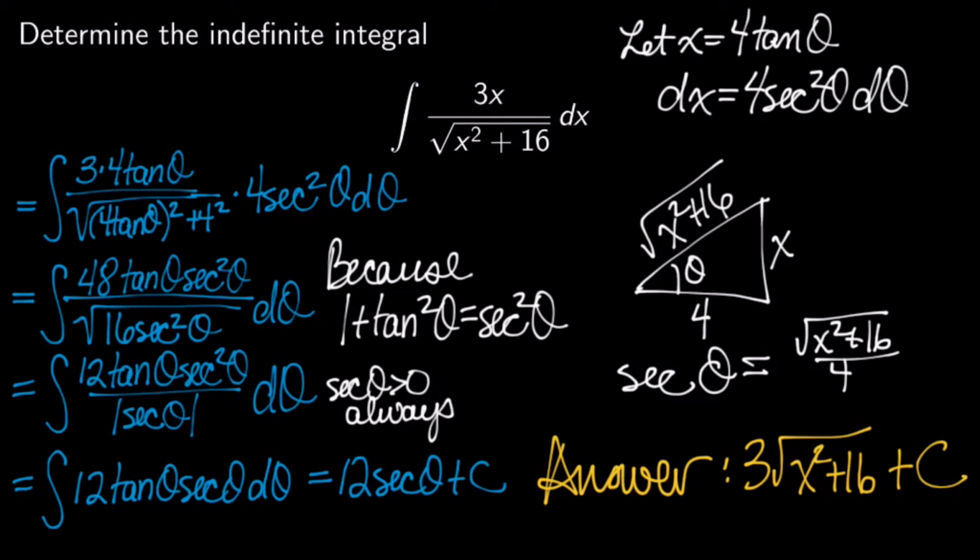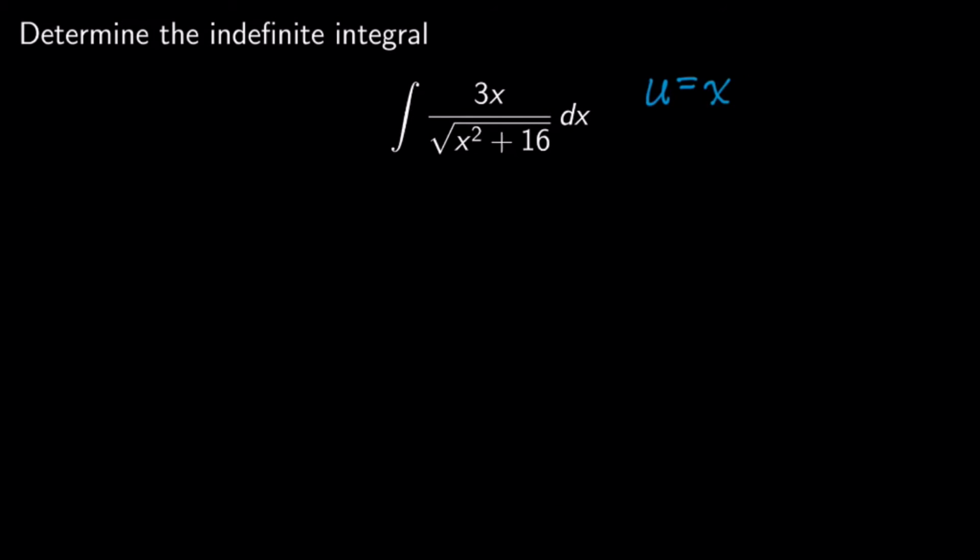That is a valid solution technique. But I do want to point something out. You have x squared plus 16 on the bottom. You have an x up top. That means that you can set u equal to x squared plus 16, which makes du equal to 2x dx.